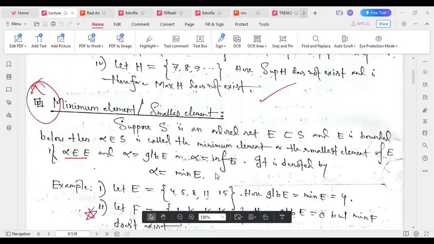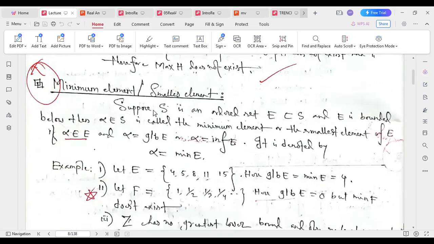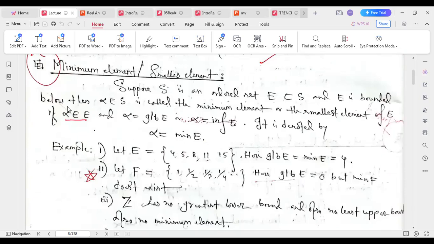Similarly, the minimum element or smallest element. Suppose S is an ordered set, E is a subset of S and is bounded below, then alpha belongs to S is called the minimum element or the smallest element of E if alpha belongs to E and alpha equals the greatest lower bound or infimum. Now let E be the set with elements 4, 5, 8, 11, 15. The greatest lower bound or minimum of E will be 4.